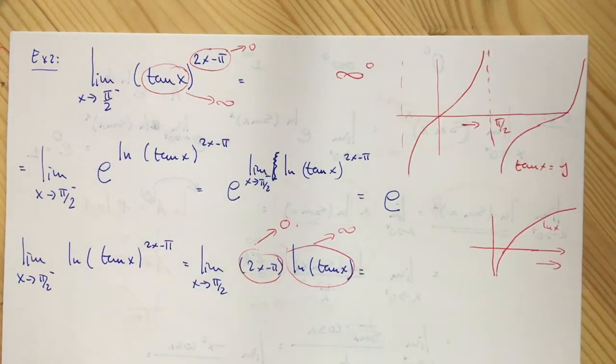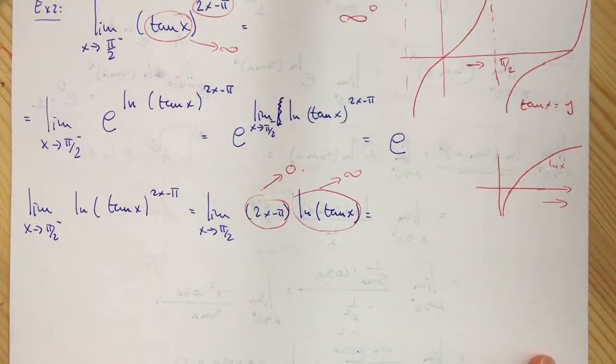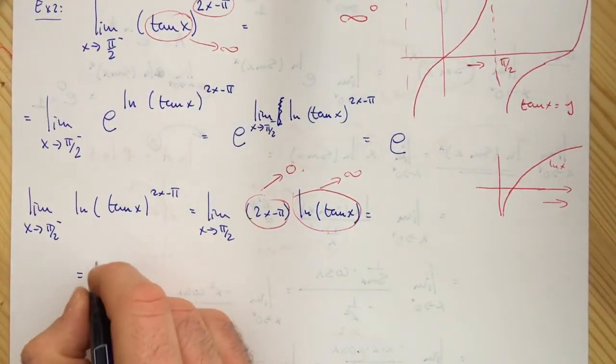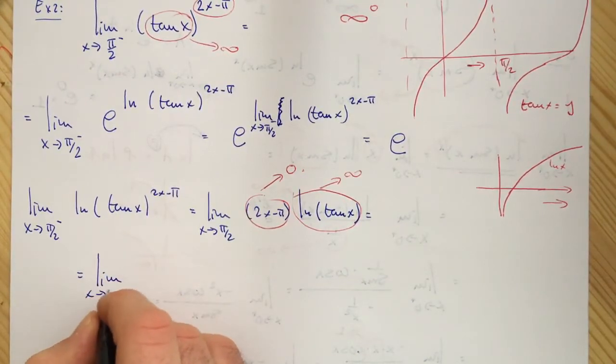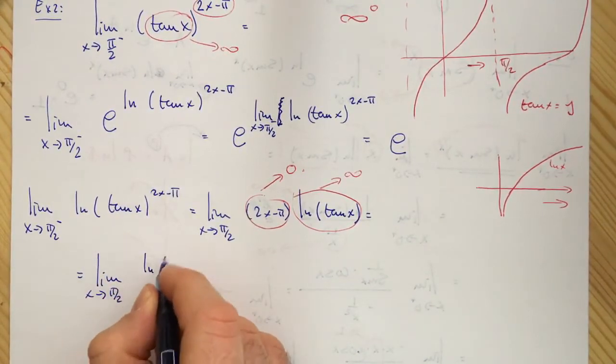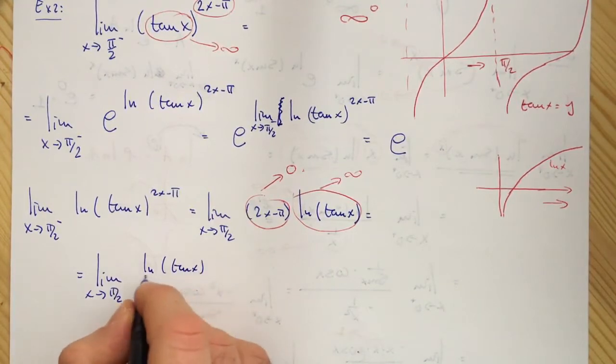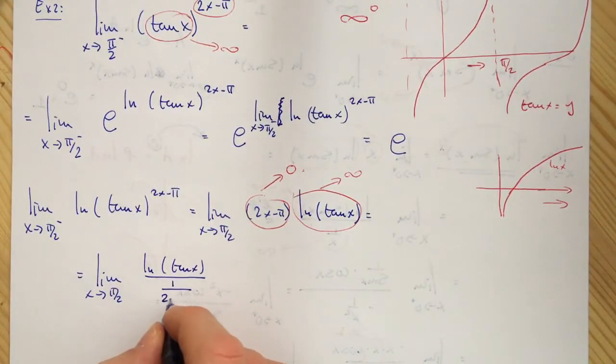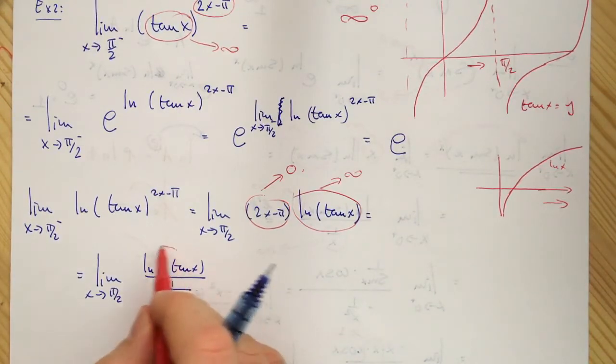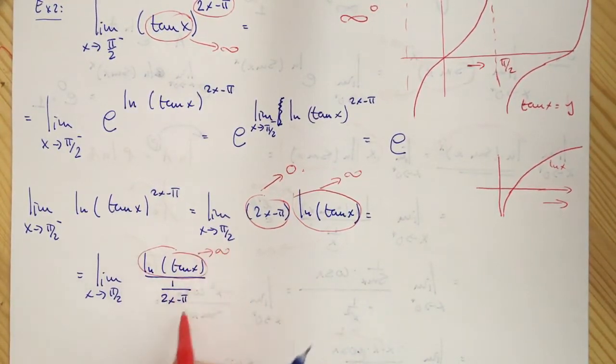Okay, so how do we solve this product? This is equal to the limit as x goes to pi over 2 of ln of tangent of x over 1 over 2x minus pi. We already said that this goes to infinity. This denominator here goes to 0, so 1 divided by something that goes to 0 goes to infinity.